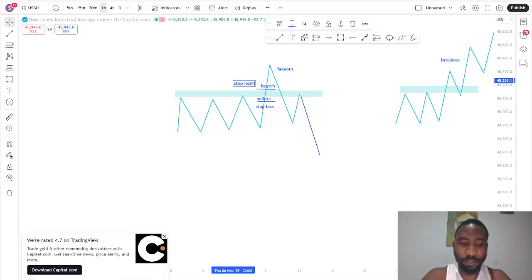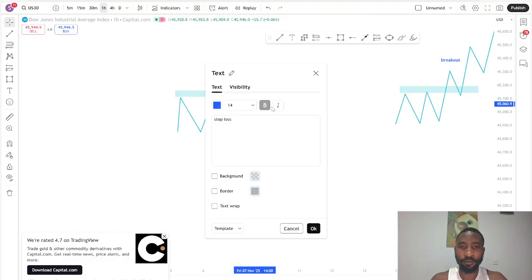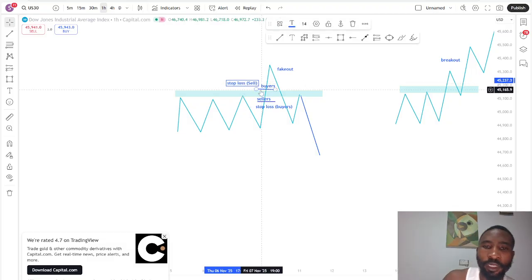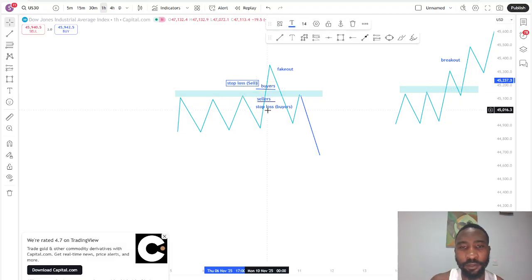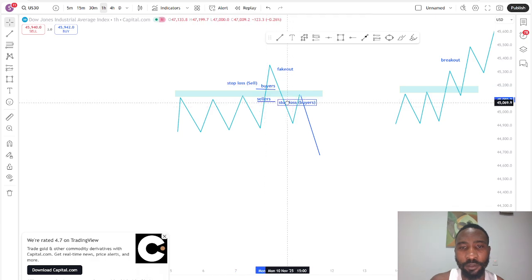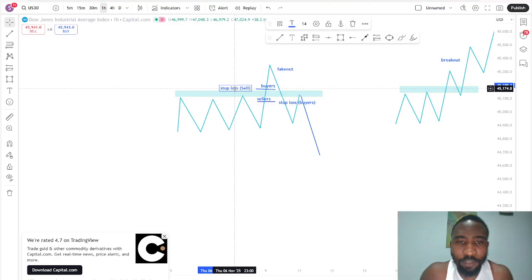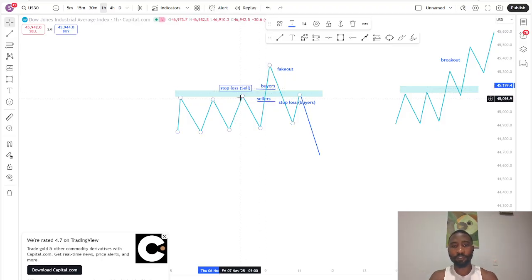Okay, so now we have this stop loss for sell at the top of this resistance level.